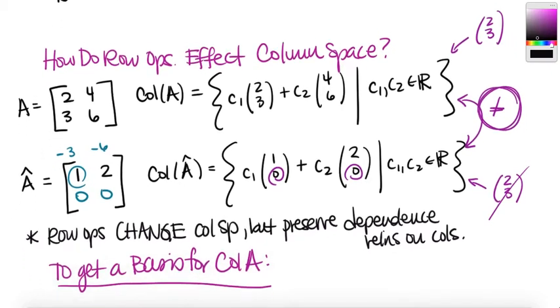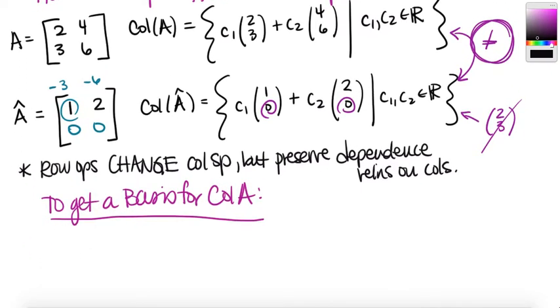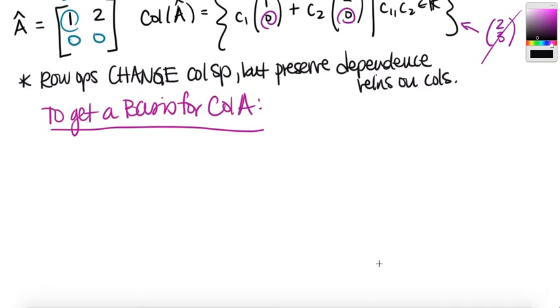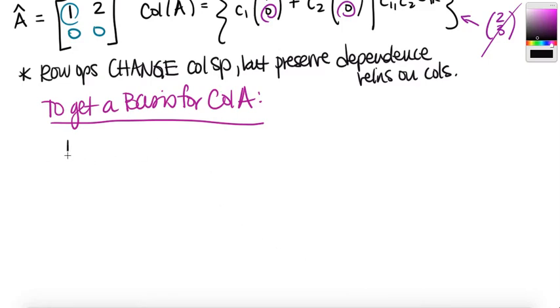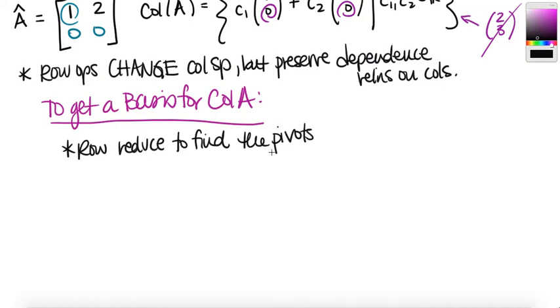What that means is that to get a basis for the column space of A, you're going to row reduce, and you only have to row reduce enough to find the pivots, because the pivots tell you which columns are independent and which columns are dependent.